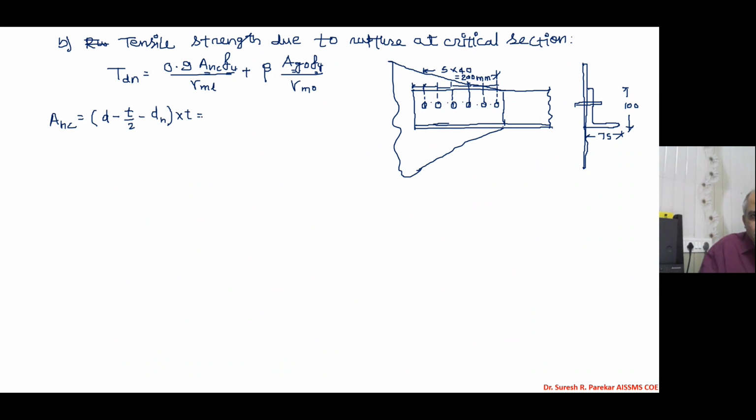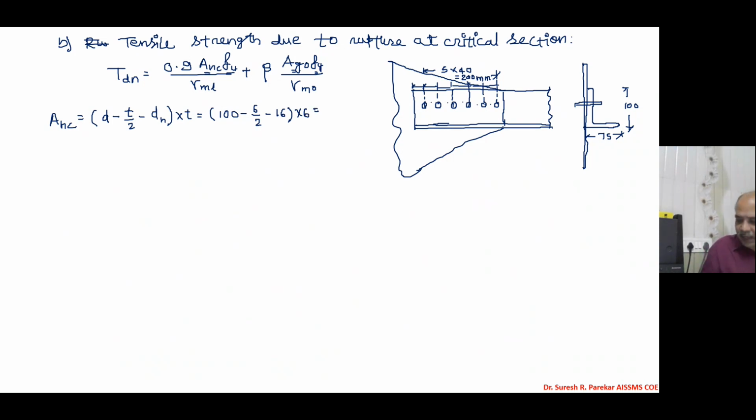And we will substitute the values: 100 minus thickness, that is 6 millimeters. So we have 100 minus 6 by 2 minus 16, diameter of bolt, multiplied by 6.